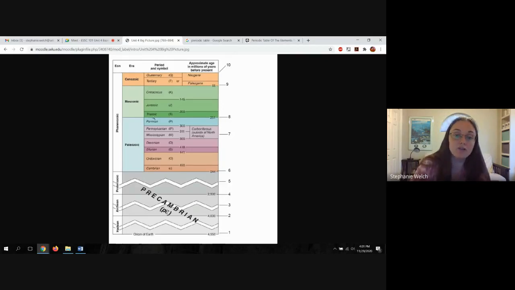8 is going to be this boundary between the Paleozoic and Mesozoic. And if you're defining a boundary between eras of time named for life, if you're defining a boundary between old life and middle life, it's probably going to be a boundary where everything dies and life has to begin again almost from the ashes.